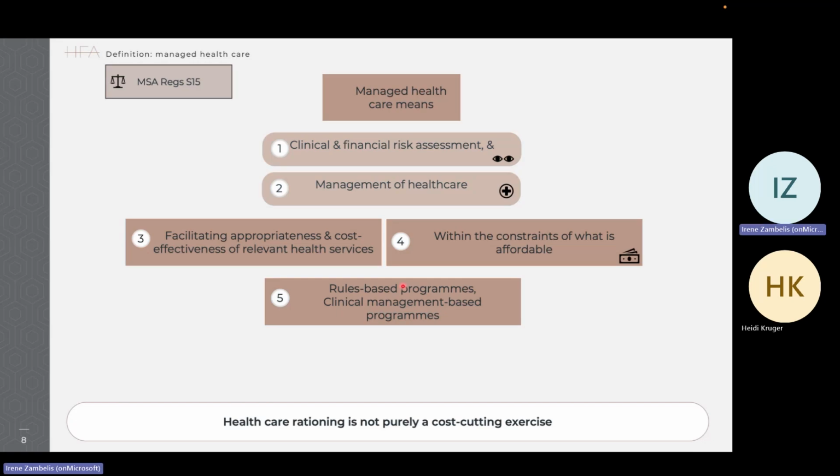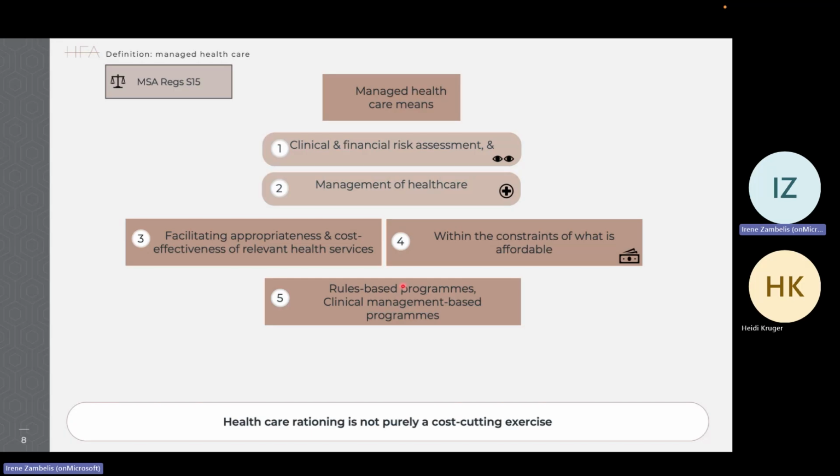So it must always be where you're not compromising quality of care. And that is something that we've got to understand. That is a lot cheaper to achieve if you've put it in the scheme rules. And maybe people can think of other things that they've got in their rules that will help ration healthcare without compromising quality of care.